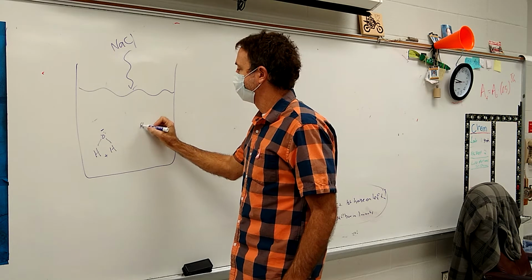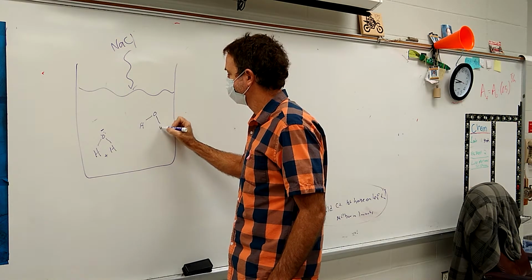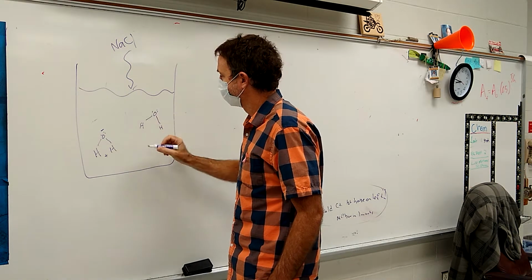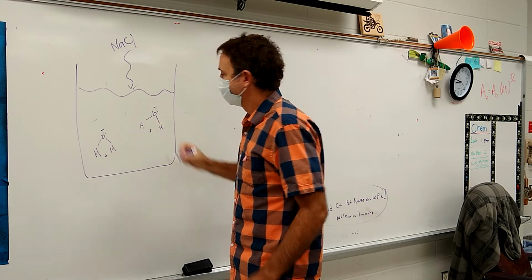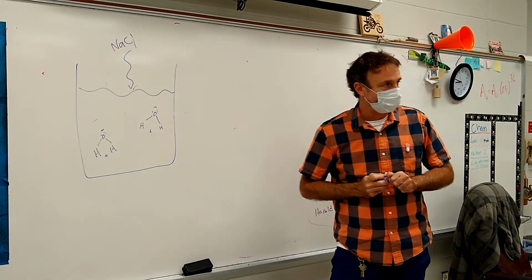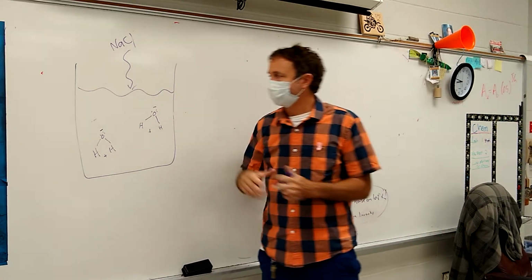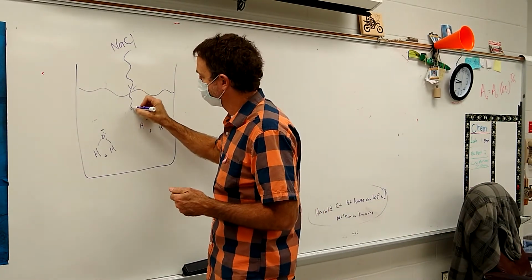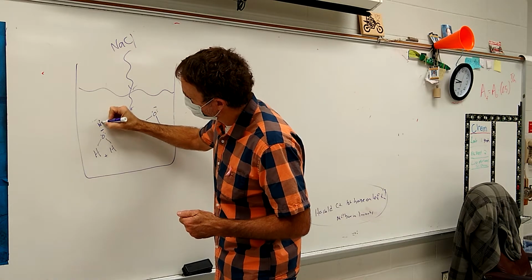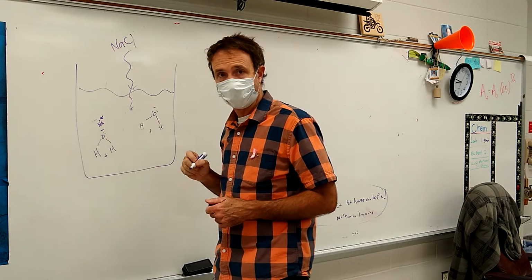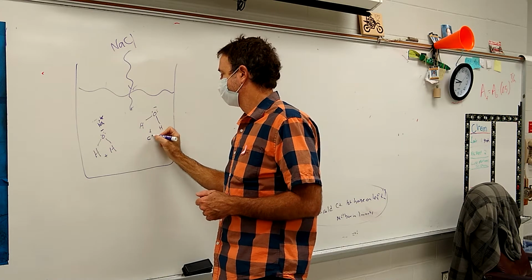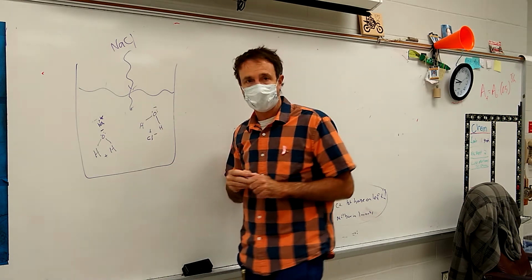And water is very strong, right? Okay, negative and positive. So the water will literally tear apart the sodium and the chlorine. When the sodium chloride gets wet, the positive sodium ion will stick to the negative oxygen, and the negative chlorine will stick to the positive hydrogen.